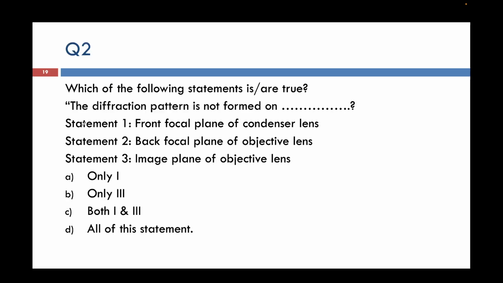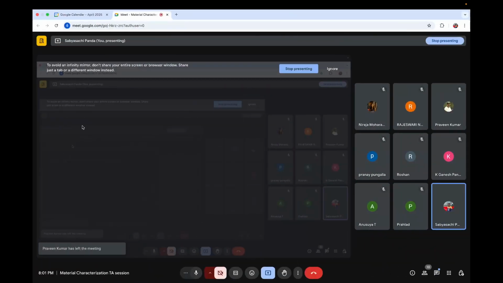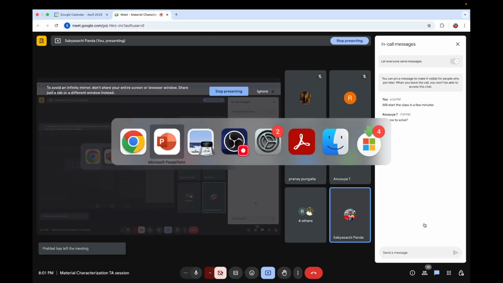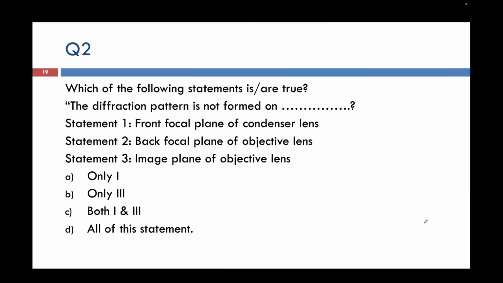Can anyone answer? Back focal plane of the objective lens. Yes, but you have to answer.